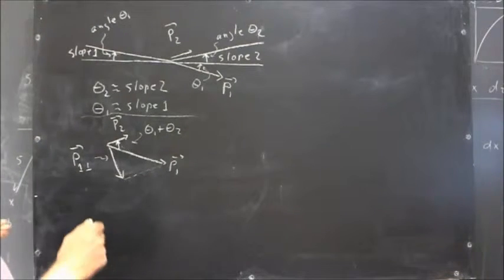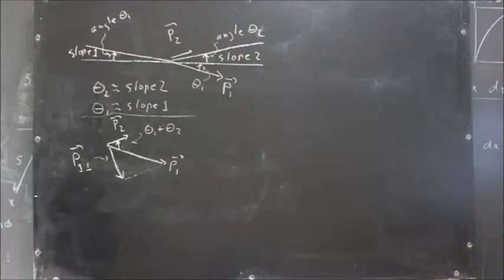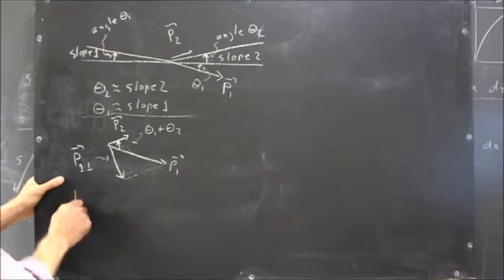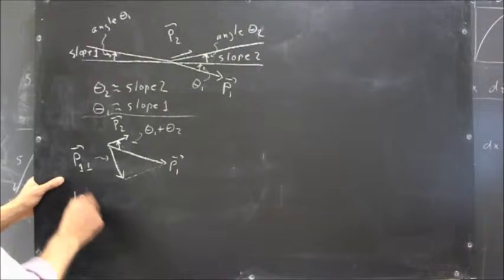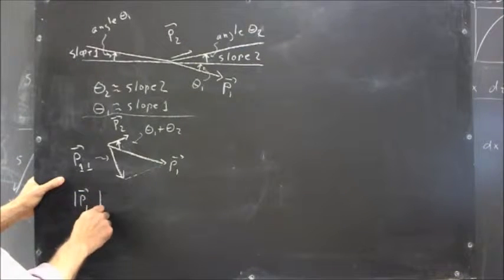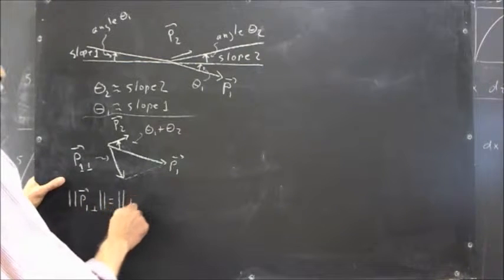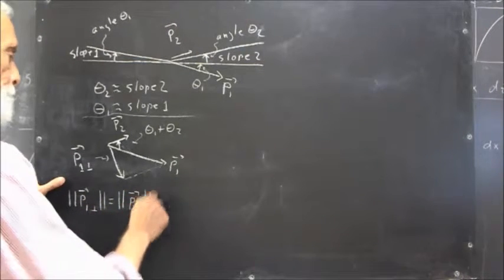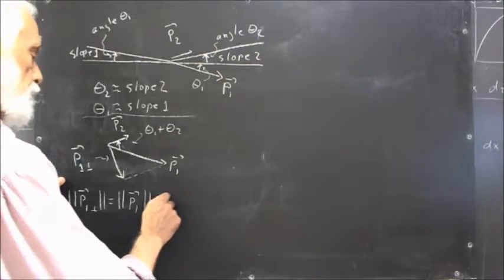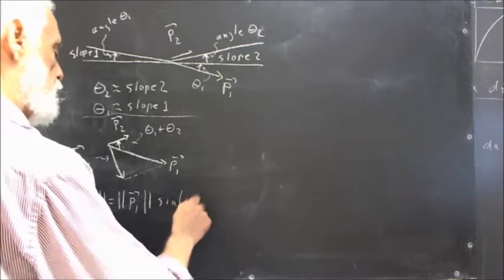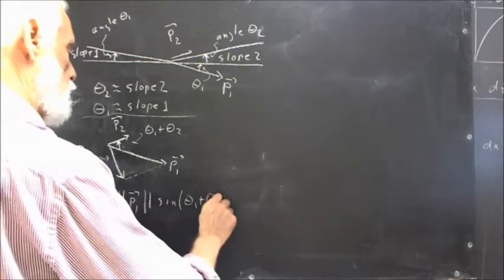Well, the magnitude of P1 perpendicular equals the magnitude of P1 times the sine of theta 1 plus theta 2.